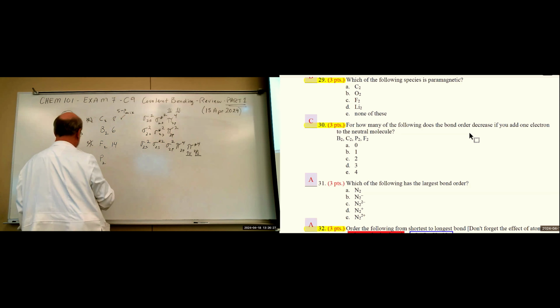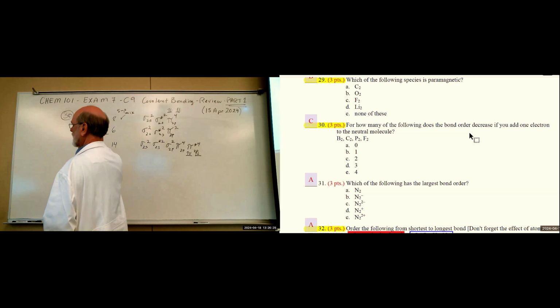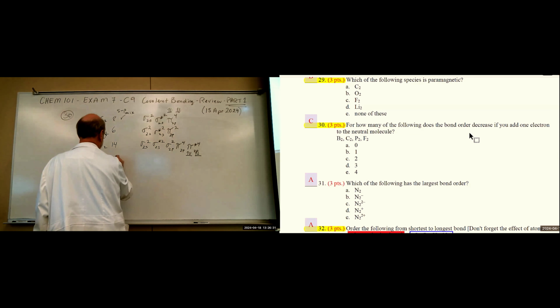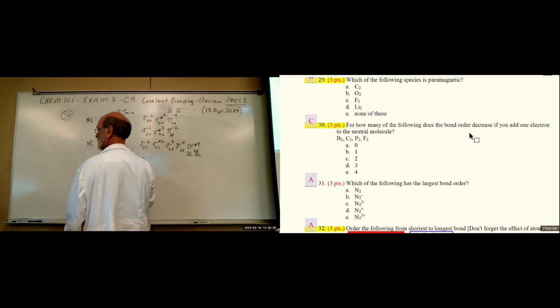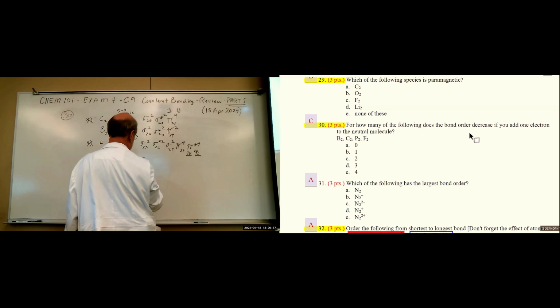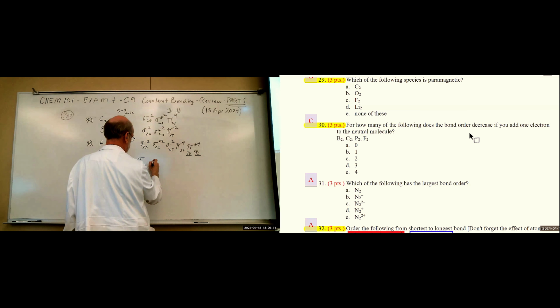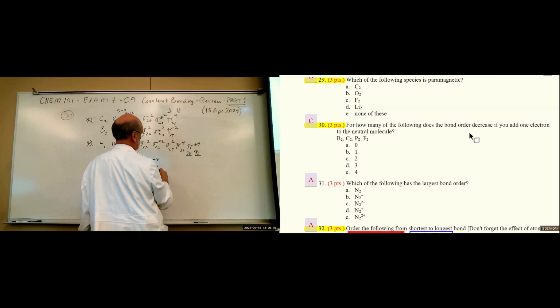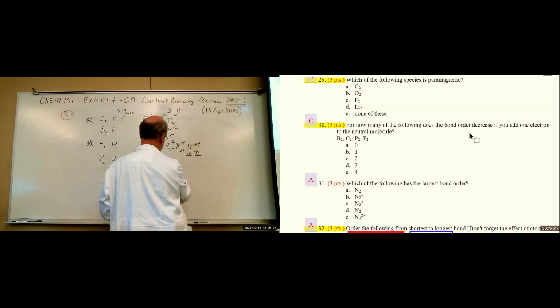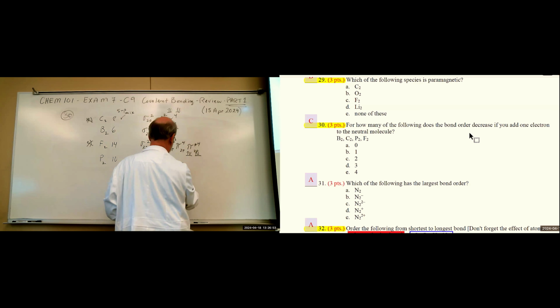And phosphorus. So phosphorus is going to have 10 valence electrons, but they go into, and there's going to be mixing. So this is 3s and sigma star 3s. And then we're going to have pi 3p and sigma 3p.